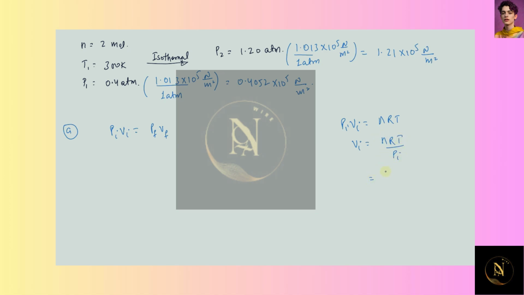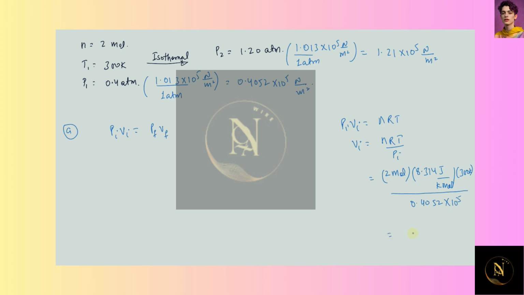n we are given as 2 mole. R is the universal gas constant whose value is 8.314 joule per Kelvin mole. Temperature is 300 Kelvin, divided by the initial pressure, 0.4052 into 10 to the power 5 Newton per meter square.